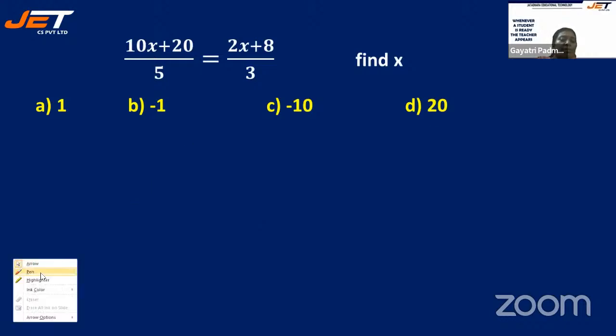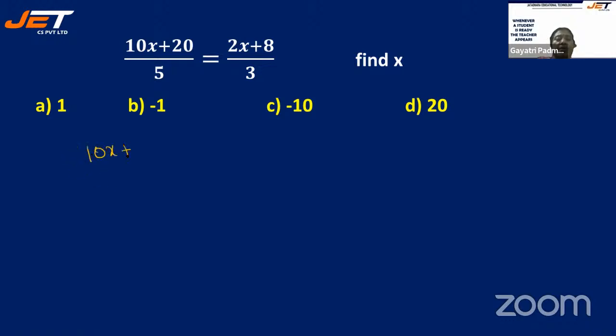All right, so you must be able to do it very fast. So here is a sum: 10x plus 20 by 5 is equal to 2x plus 8 by 3. You just have to check whether these two numbers can be cancelled or simplified. They cannot, so you just have to cross multiply. When you cross multiply, this 3 belongs to the entire numerator. Many students make mistakes by just putting 3 into 10x.